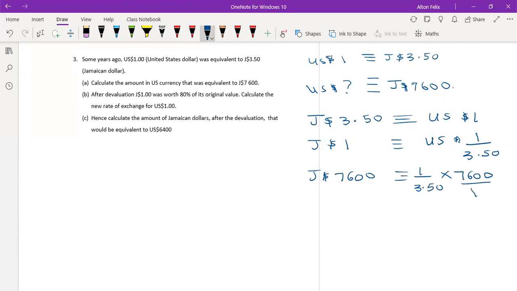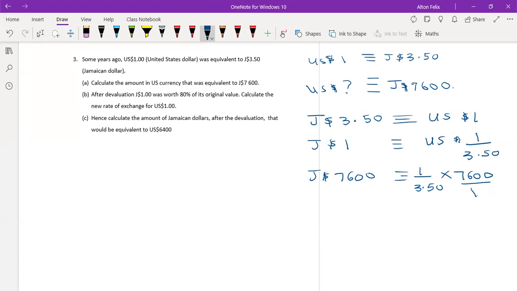Now, how you know you work this sum correctly is that you must receive, in terms of the comparison, a US amount which is much less than the Jamaican amount, right? So let's see what the calculator gives us here.